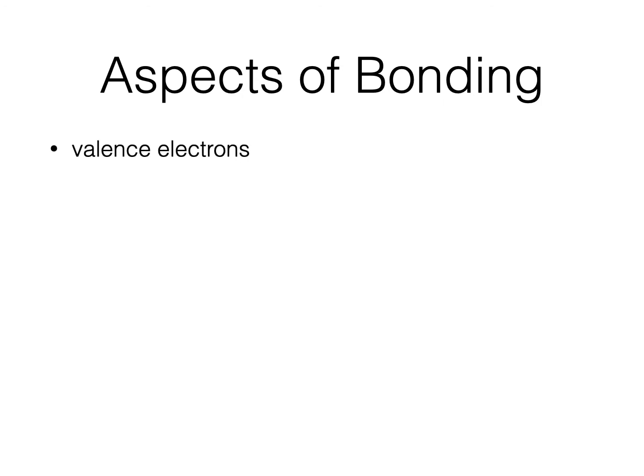First, we're talking about valence electrons. We're talking about the electrons on the very outside of an atom. Those are the electrons that when two atoms approach one another are going to be the first ones to be encountered and would be available for helping two atoms join with one another.